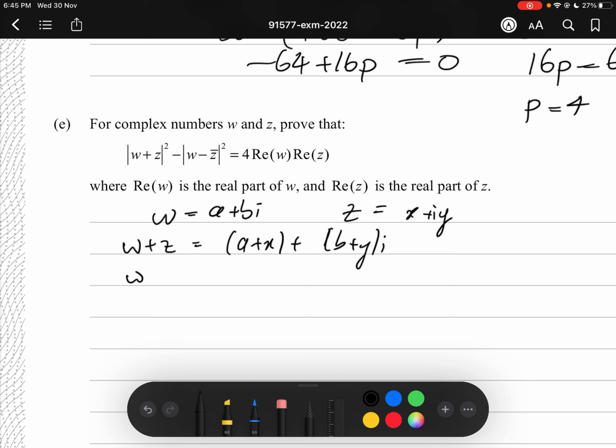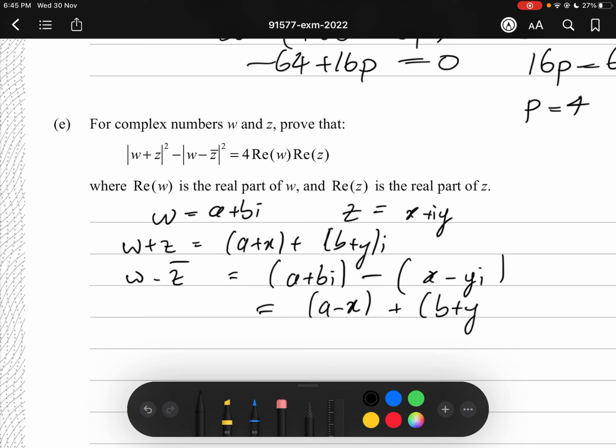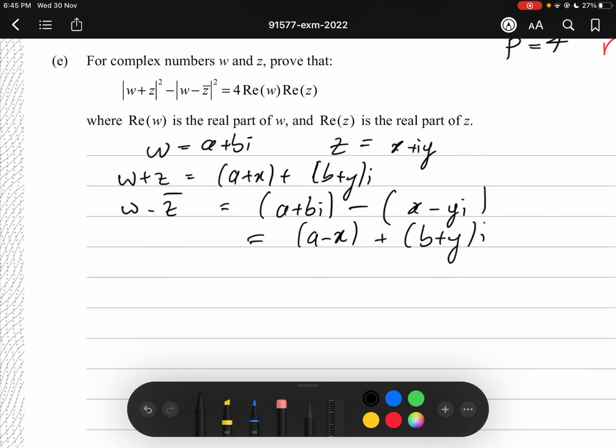And w minus the conjugate of z is equal to w, which is a plus bi, minus the conjugate of z, which is x minus yi, and that's equal to a minus x plus b plus y times i. Beautiful.